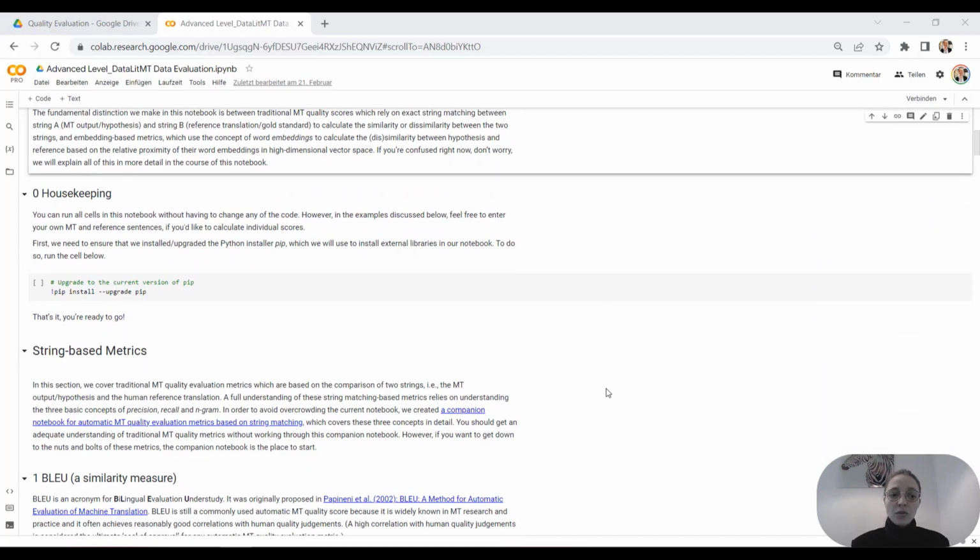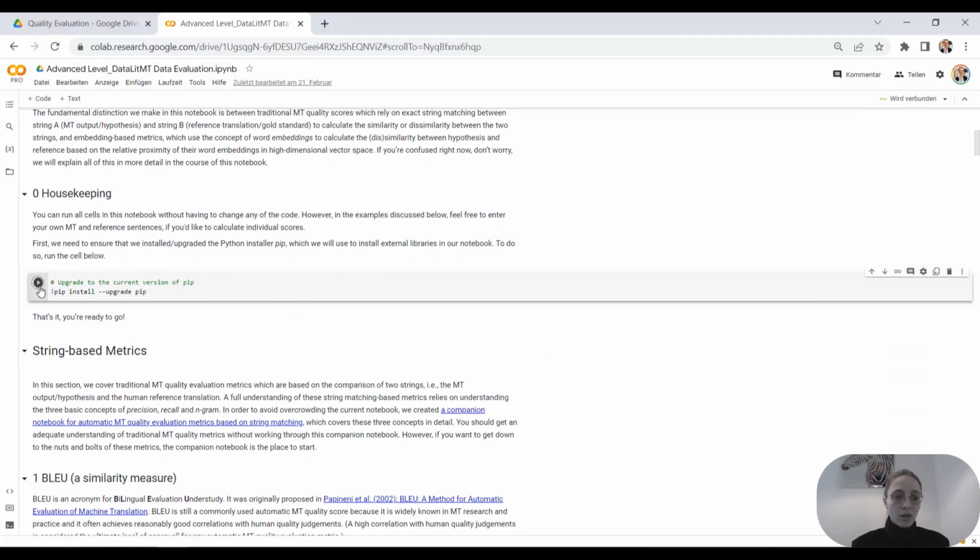So first of all, as always, we will upgrade our pip, so you can just always simply run the cells in this notebook by clicking these run buttons. And once again, some of these cells will take a little longer to run, and some will be run quite quickly. So sometimes you just have to be a little patient.